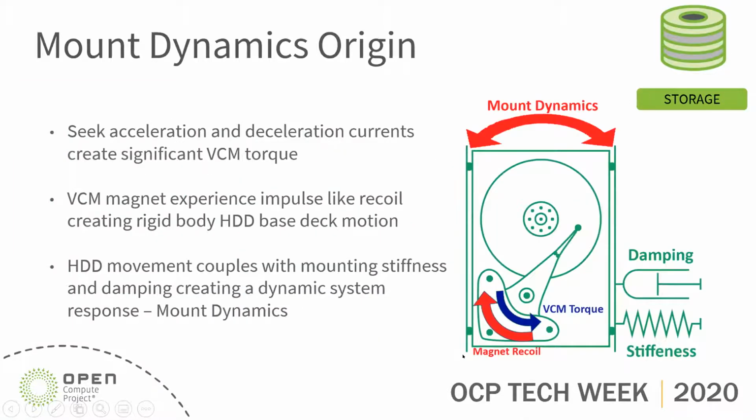Here I have an explanation of how the disturbance is generated. On the right, you see a picture where the drive is installed in a system. It's inside its carrier, or in the slot in the case of a carrierless system. The slot is shown as these lines on the right and the left. We look at the system slot as a mechanical element which has stiffness and damping associated with it.